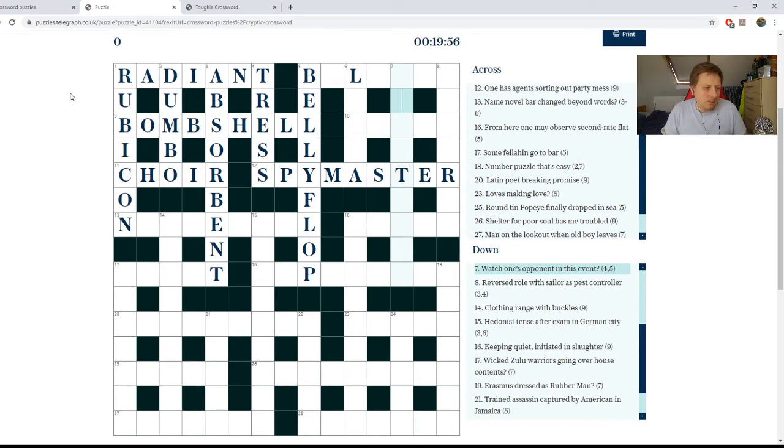Could be an anagram of in this event. Could, yeah, yes, could be. This event. Not spotting in this event.